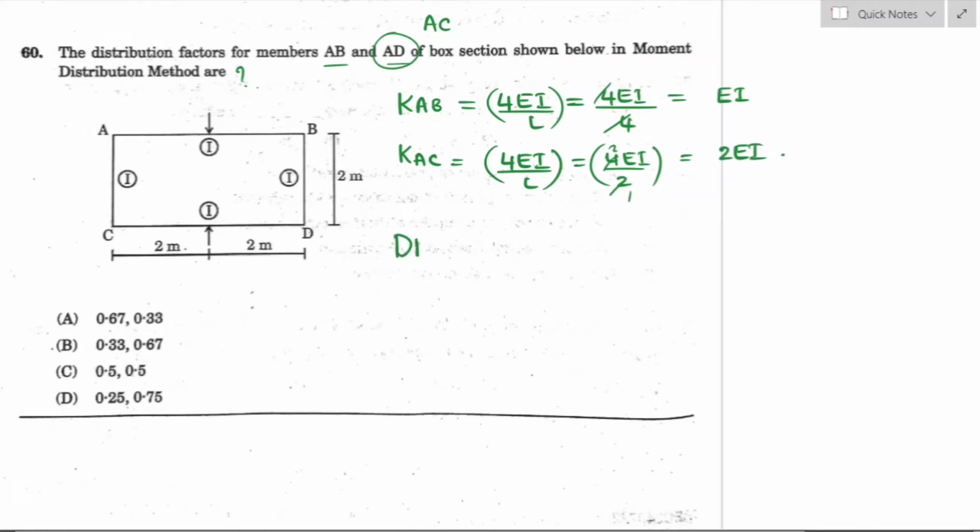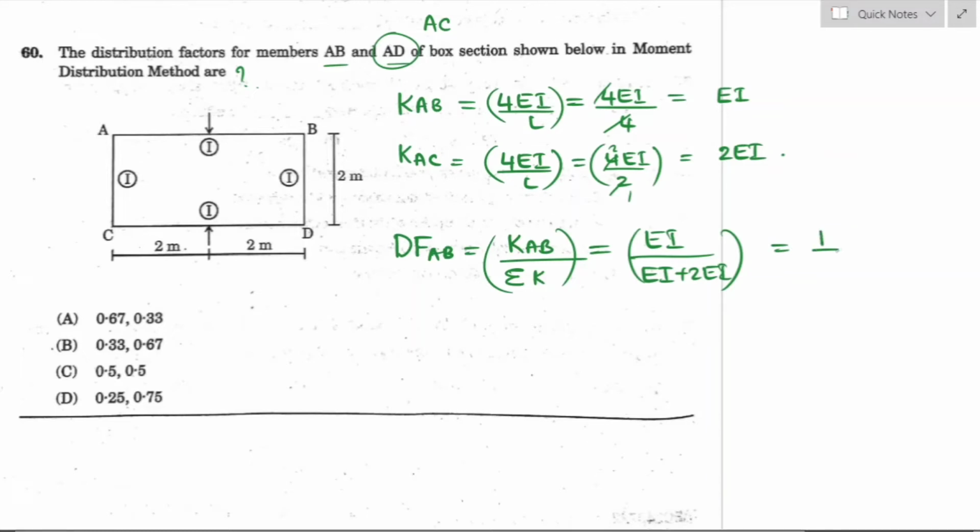We know that distribution factor for member AB is stiffness of member AB divided by summation of stiffness. Member AB stiffness is EI. Summation of the stiffness means it is EI plus 2EI. On solving this, it is 1 by 3.